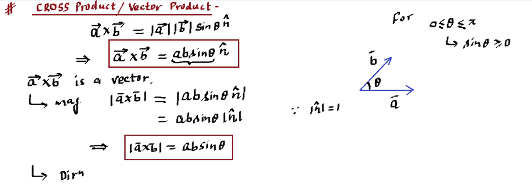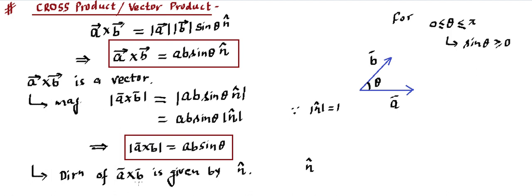That means this n cap is basically the direction of A cross B. So the direction of the new vector A cross B is given by n cap. In other words, n cap is the direction of A cross B, that is, A vector cross B vector's cap.